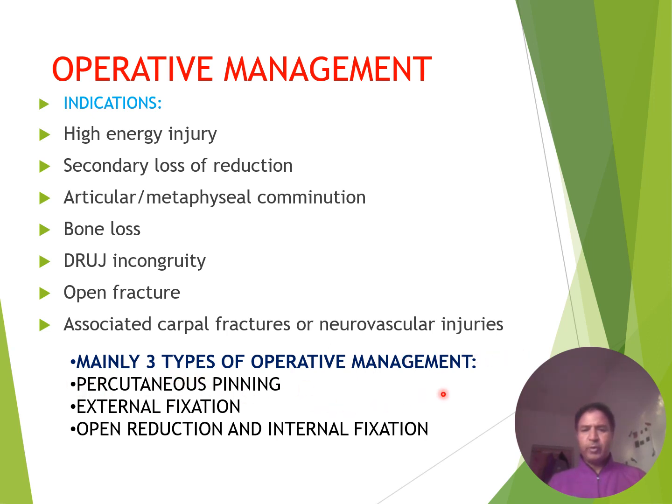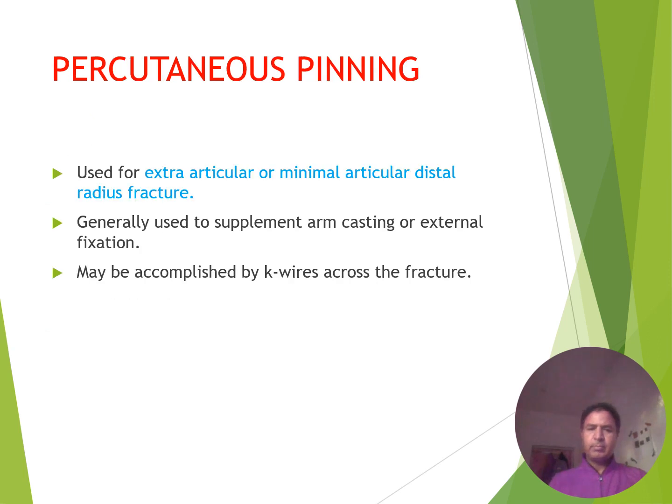Mainly three types of operative management: percutaneous pinning, external fixation, open reduction and internal fixation. Percutaneous pinning is used for extra-articular or minimally articular distal radius fracture, generally used to supplement casting or external fixation, and may be accomplished by K-wires across the fracture.